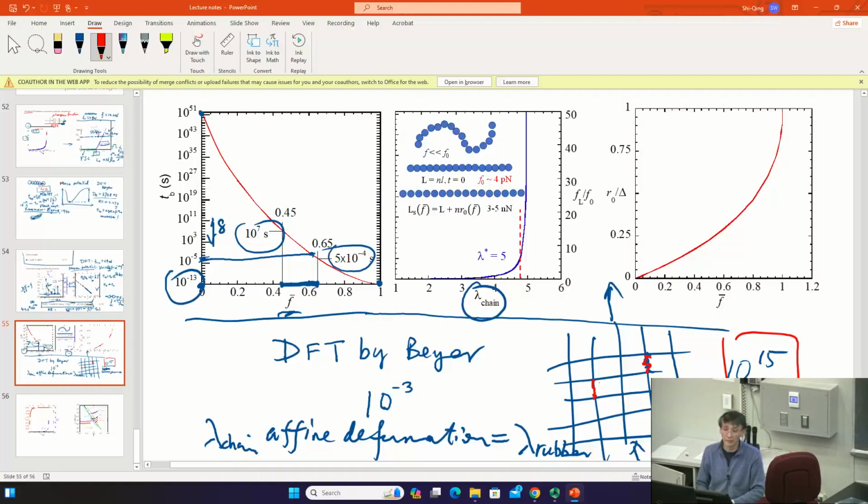Especially if you worry about building enough force such that it breaks, let's say, in 10 minutes or 1 minute. You can read the scale, find 1 minute is where. Yeah, you can definitely find, or you can go to your lab, take a cross-linked rubber, stretch it, and I realize I'm stretching and breaking it in about, let's say, a minute or a second. Doesn't matter what you're comfortable choosing. Let's say a minute, it breaks.